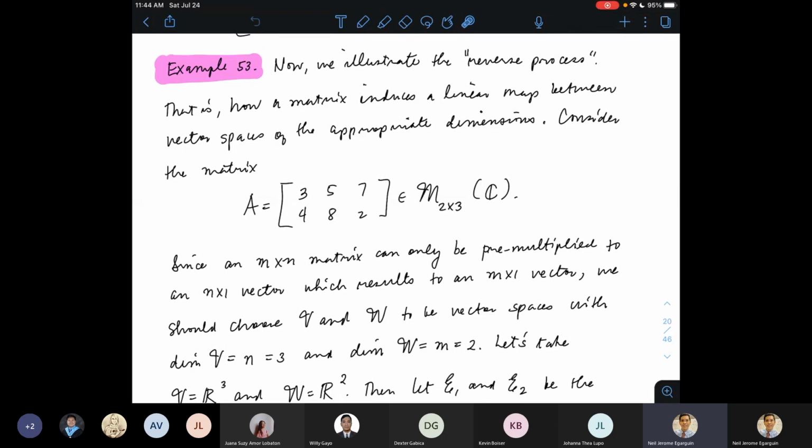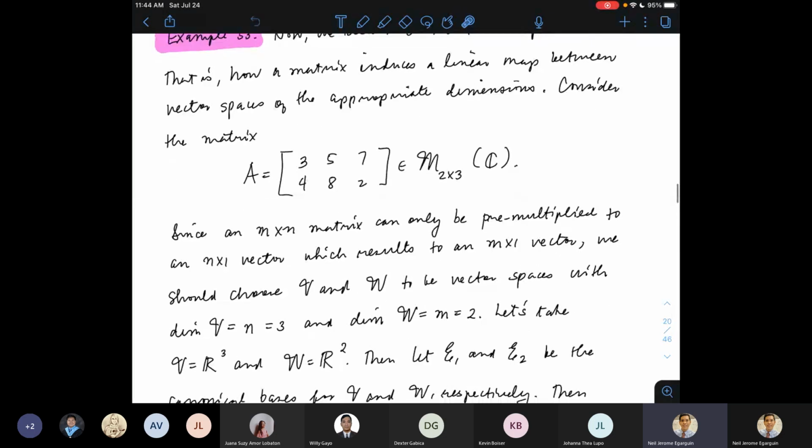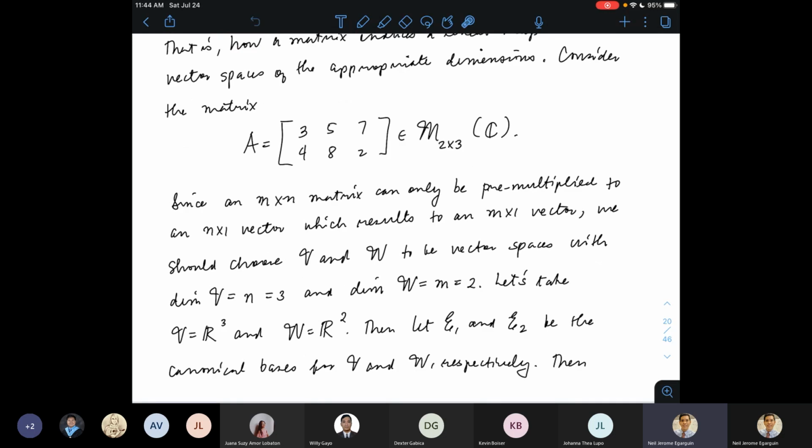Now let's consider example 53, where we consider the matrix A, this 2 by 3 matrix over the set of complex numbers. So 3, 5, 7, 4, 8, 2, okay? And remember that a matrix can only be pre-multiplied to an n by 1 vector, right?